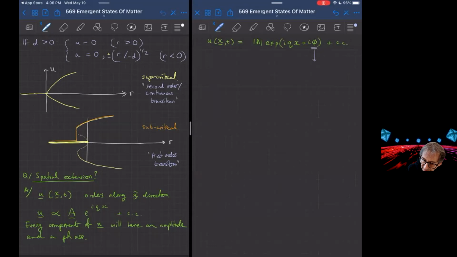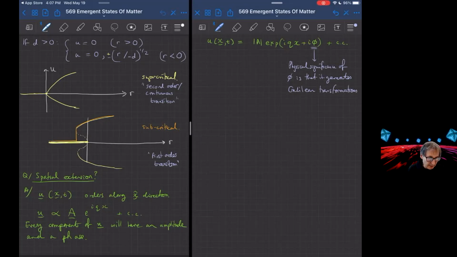So the physical significance of phi is that it generates Galilean transformations. And what I mean by that is just a simple translation of the system.